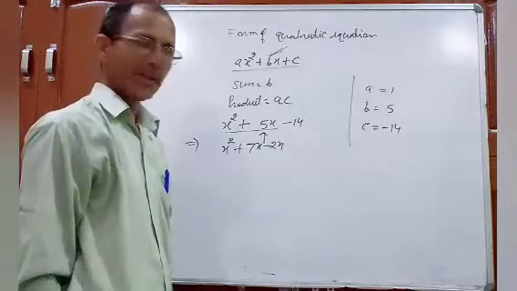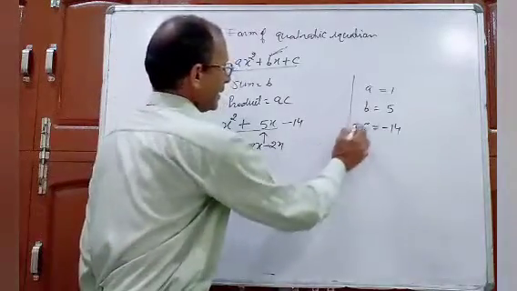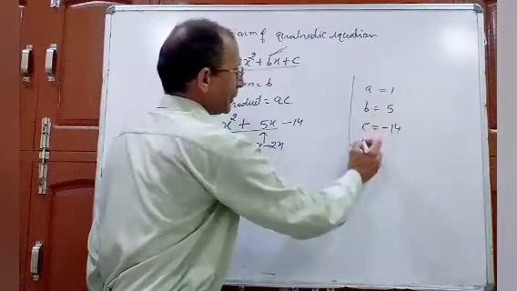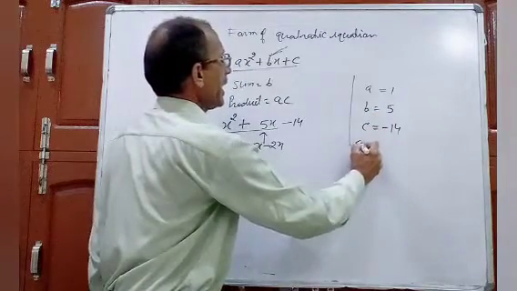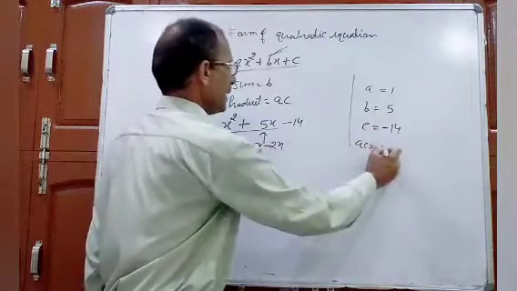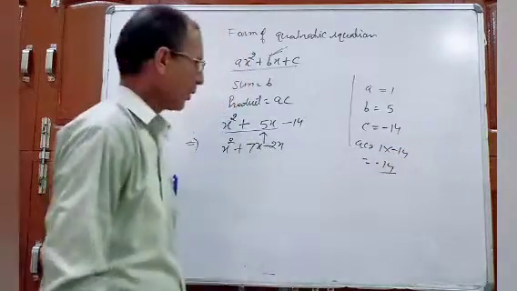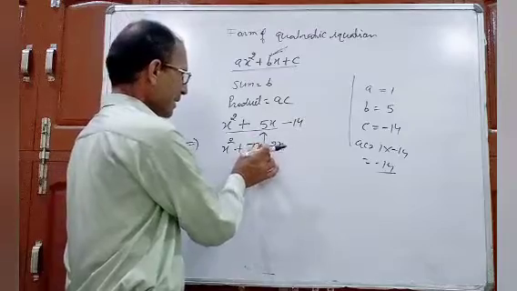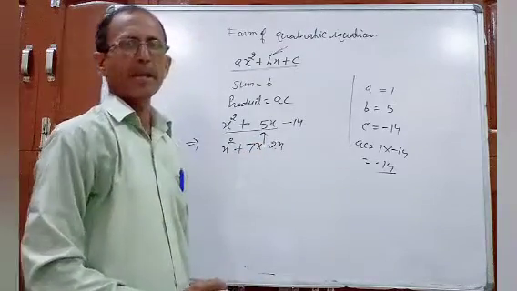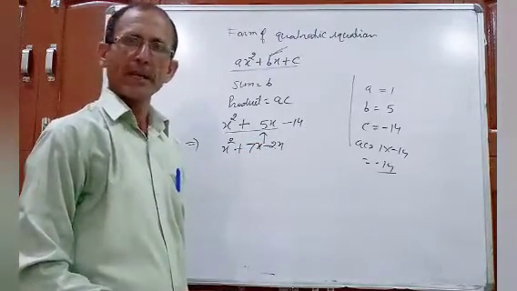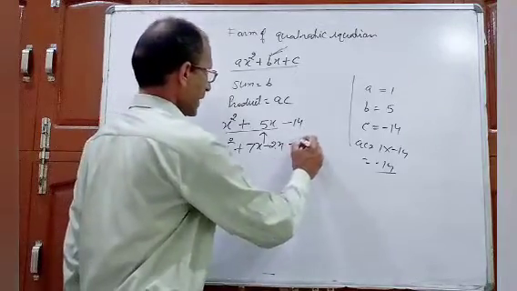Yes or no? So what is the condition? The product should be equal to AC. AC means A is 1 and C is minus 14, so the product should be minus 14. If I multiply the two numbers 7 and minus 2, their result will be minus 14. So write here minus 14.